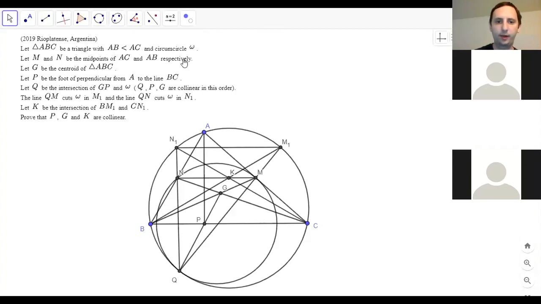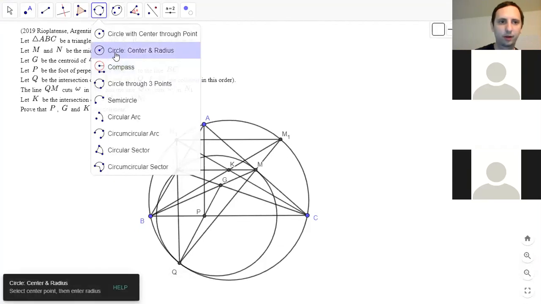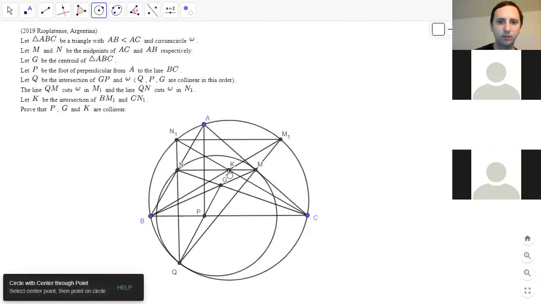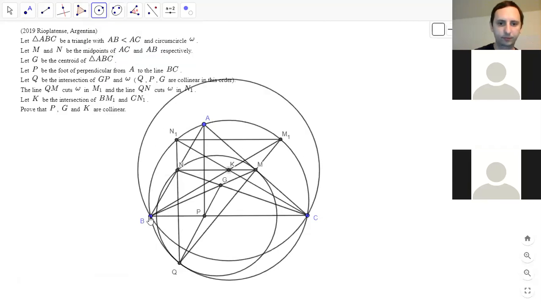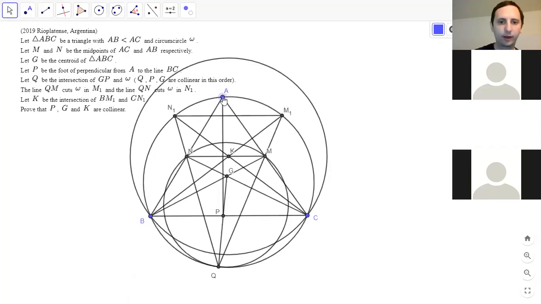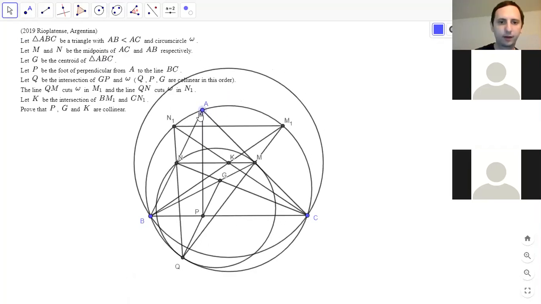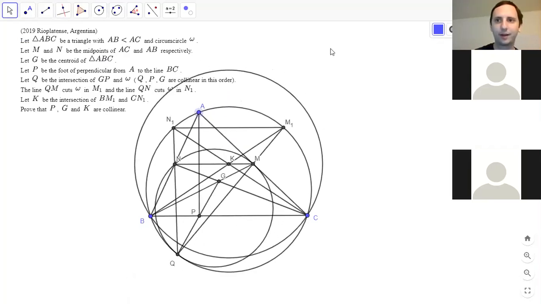It looks like KB equals KC. It does kind of look like that. Is that true? Let's see. That certainly looks true. I'll just check. What was your conjecture? That KB equals KC. Yeah, interesting.